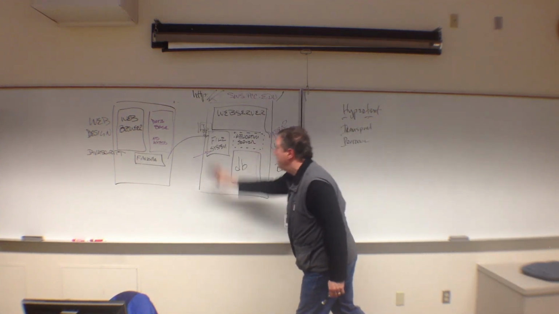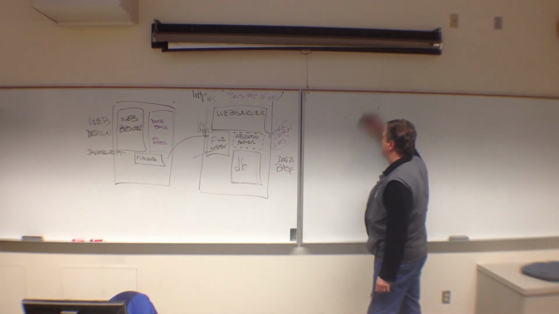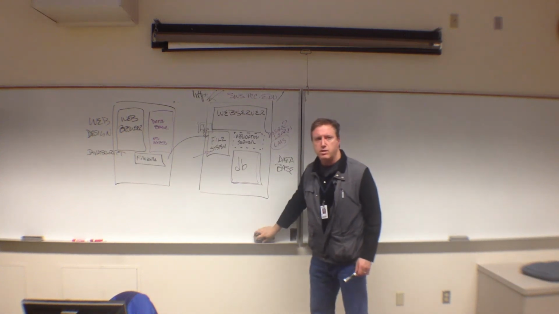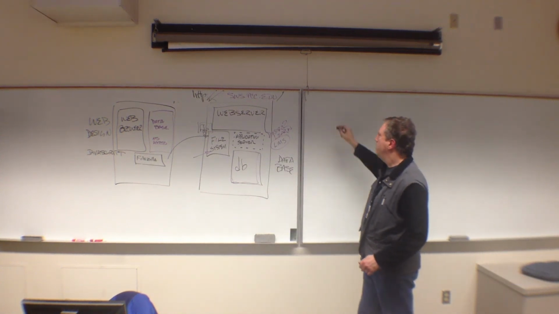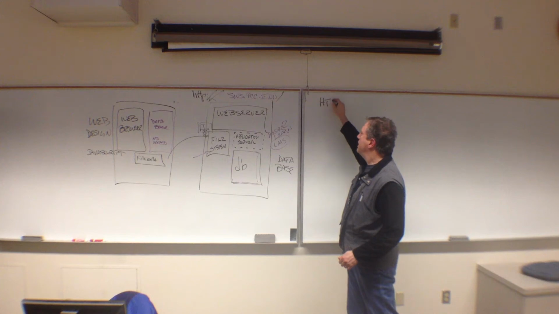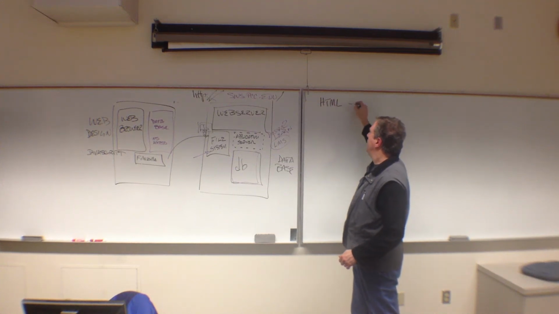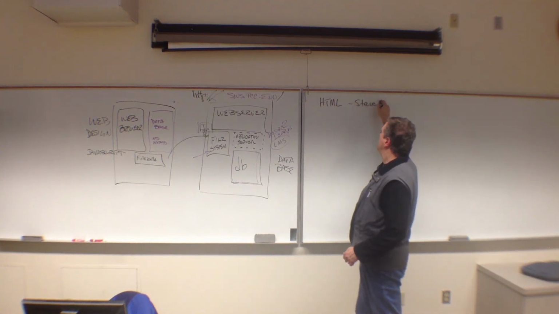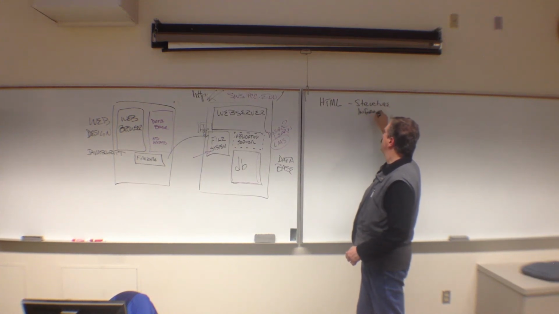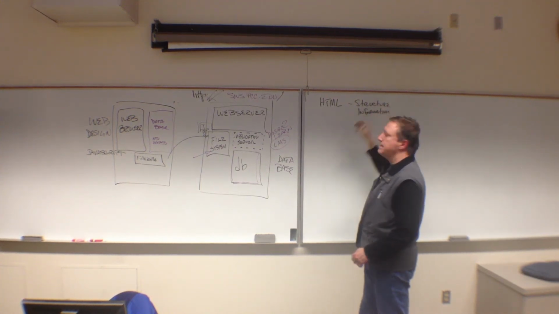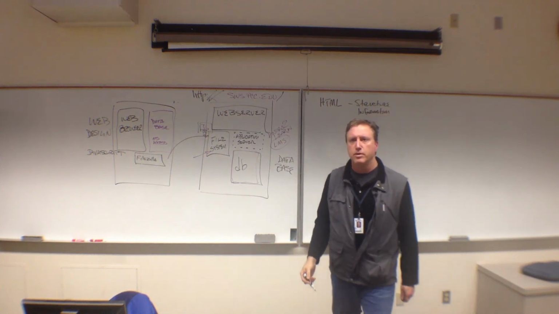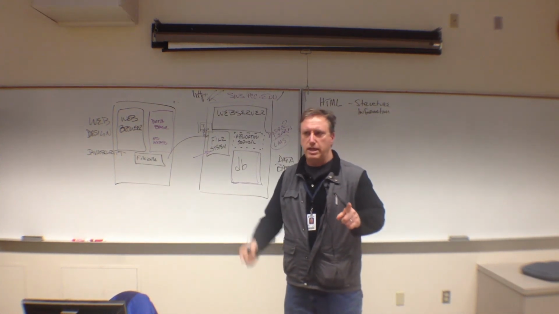You go get a web page, and it comes back, and it's got 3 parts. Does anyone remember the 3 parts we talked about? The first part is the HTML, and that's the structure and the information. What's the second part? Behavior? Yes, those are the 2 parts.